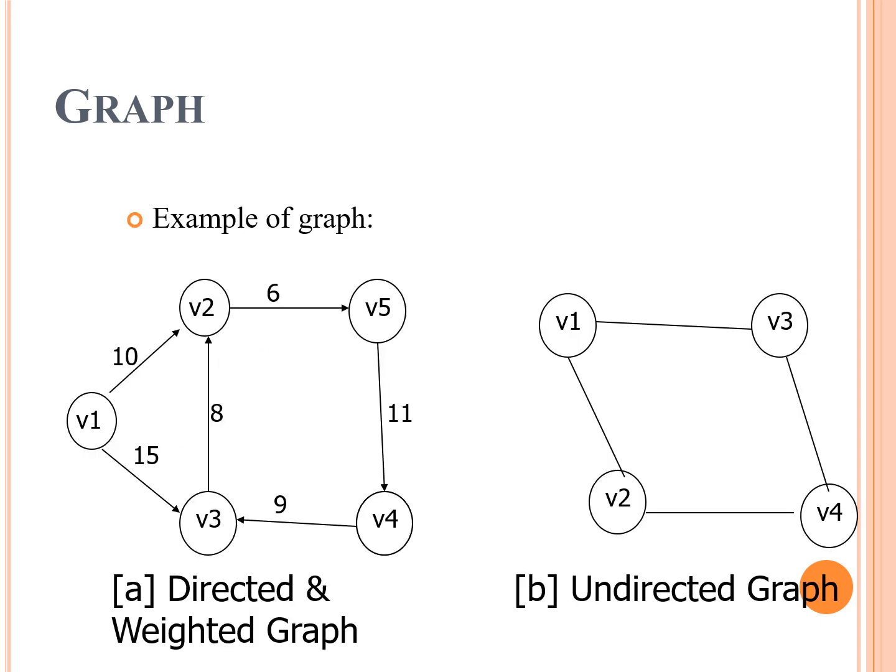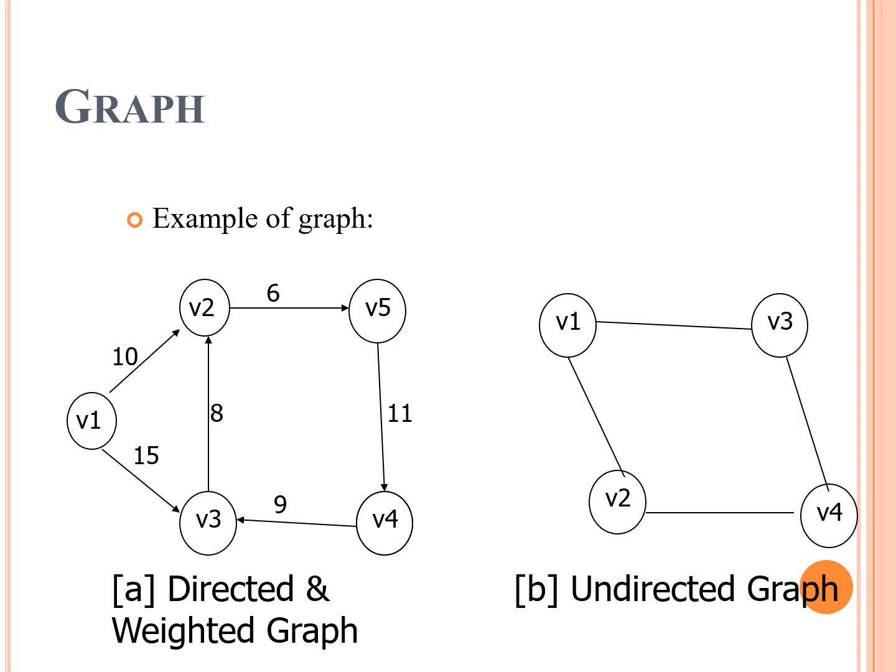Consider the example. V1, V2, V3, V5, V4 are the vertices of the graph. V1 and V2 are connected by one edge that is directed, meaning we can go from V1 to V2 but cannot come from V2 to V1, because it is a directed graph.